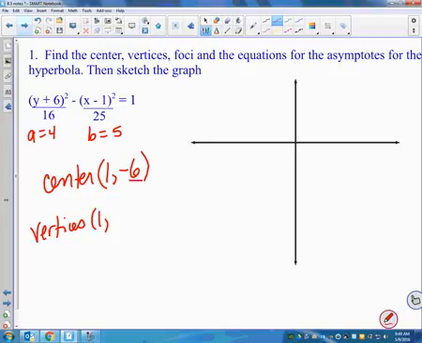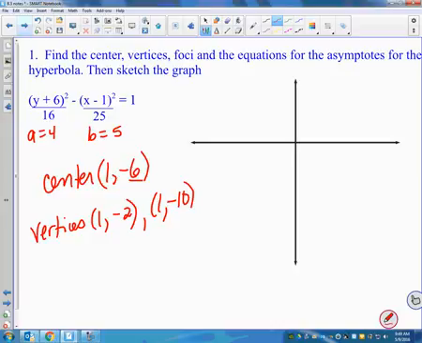So my vertices are going to be adding 4 to -6, which gives me -2, and subtracting 4 from -6 gives me -10. If you do your graph first, you can just find those points on your graph. If you do this first, you can still count it on your graph and make sure those match up.